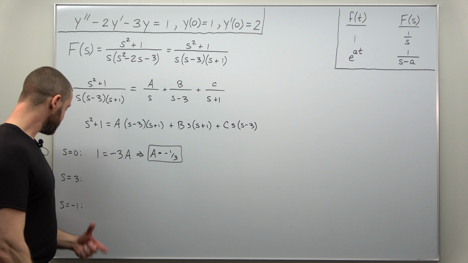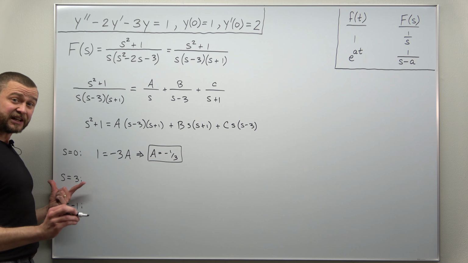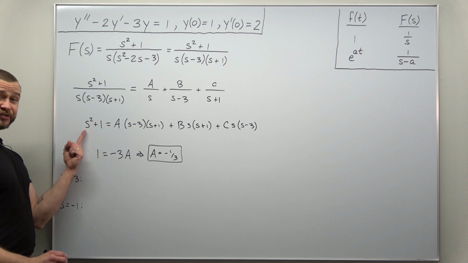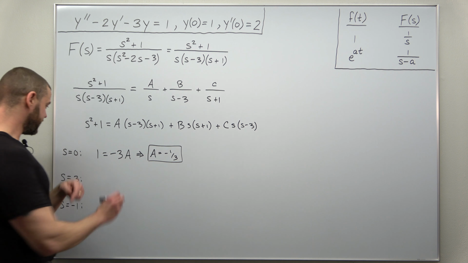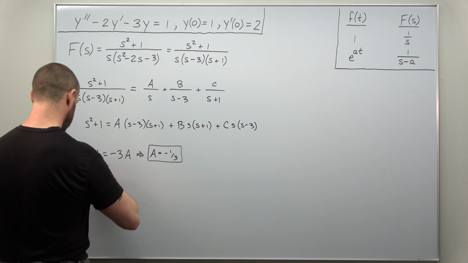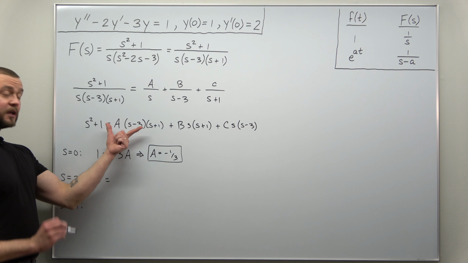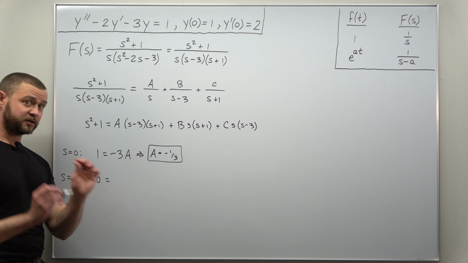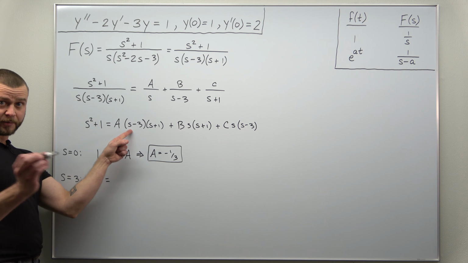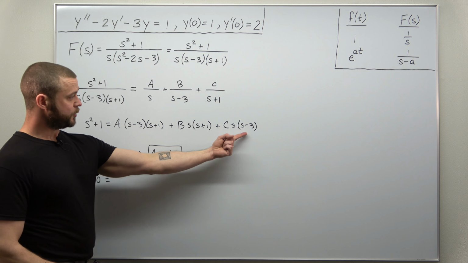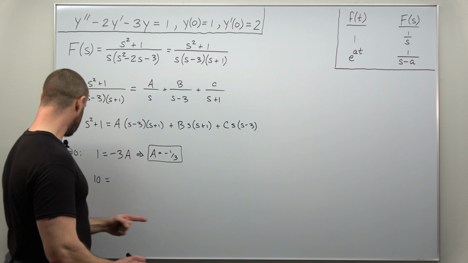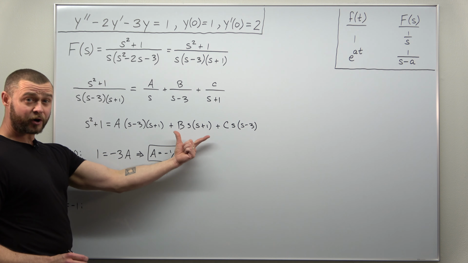All right, we have two more. Let's go ahead and plug in s as 3. 3 squared, 9 plus 1, that'll be 10. Just be careful here: with s as 3, your s minus 3 factors will become 0. 3 minus 3 is 0. So your A and C terms are gone, but now the B term remains.